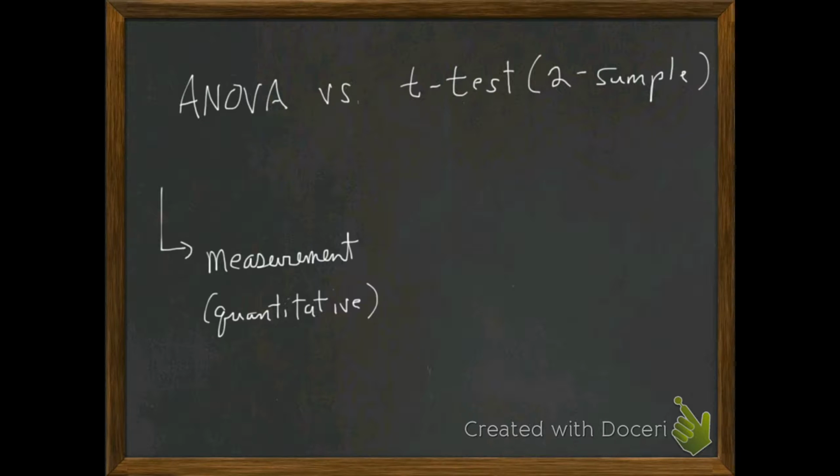Now, if we want to look at the difference of this measurement over two populations that are independent, then we're going to run a two-sample t-test.